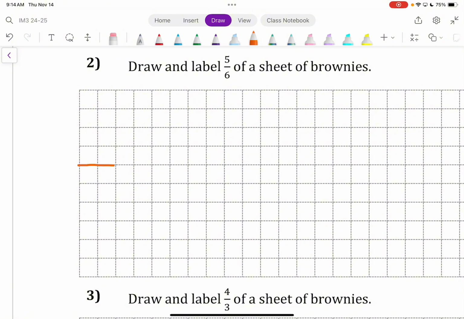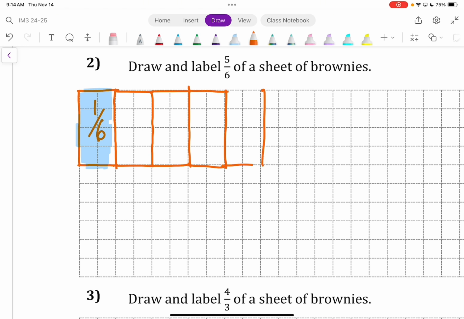So that instead of going up to 3 sideways, it's a 2 by 4, which shows 1/6. So this is 1/6. I color it in because I want to show one of those. And I'm just going to repeat this process until I show 5 of these. 1, 2, 3, 4, 5.